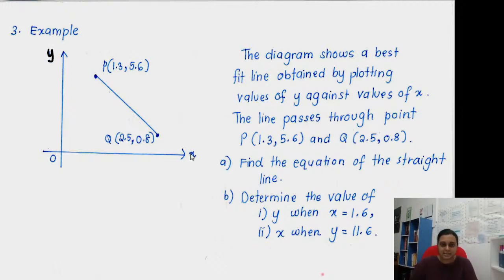Okay, y sini, x dekat bawah. The line passes through point P. So ada dua point dia passing through, P dengan Q, right? So 1.3 and 5.6, another one is 2.5 and 0.8. Okay, find the equation, cari persamaan for the straight line.